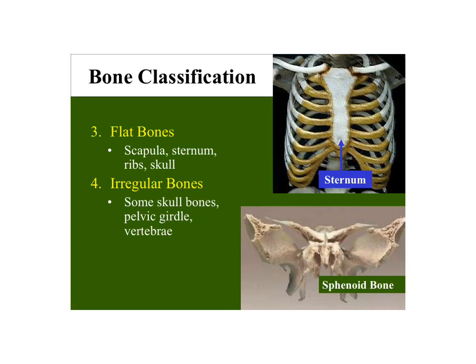Then we have flat bones, such as the bone of your sternum, which is your breastbone right in the center of your chest. Your rib bones are also considered flat bones, and so are bones of your skull. And then finally we have irregular bones, such as some of your skull bones, which are very irregularly shaped, oddly shaped, as well as your pelvis and the vertebrae of your backbone. This example is your sphenoid bone, which is part of your skull.